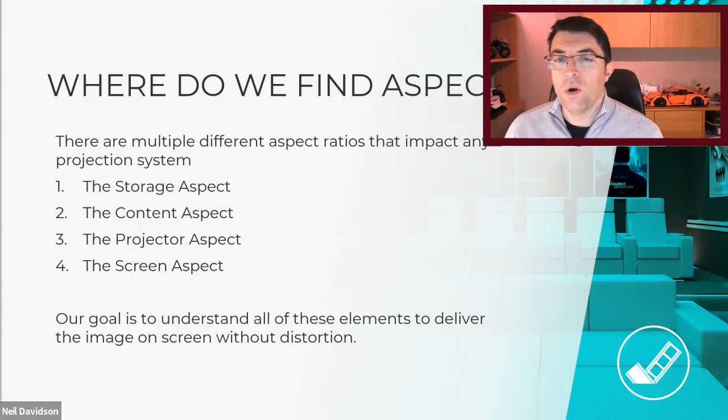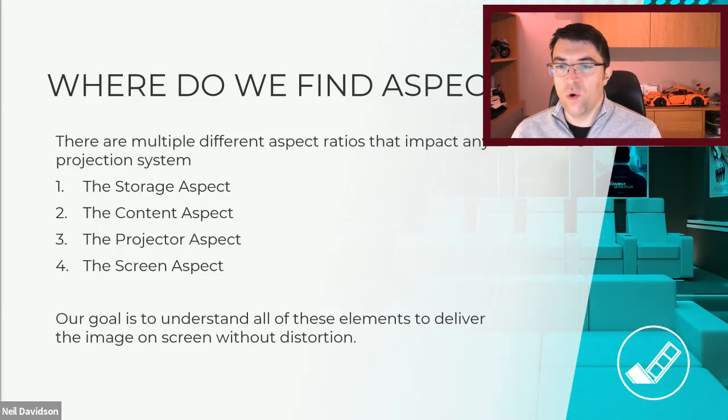So, where do we find all of these aspects? Well, there are multiple different aspect ratios that impact the projection system. You've got the storage aspect, you've got the content aspect, you have the projector aspect, and you have the screen aspect.